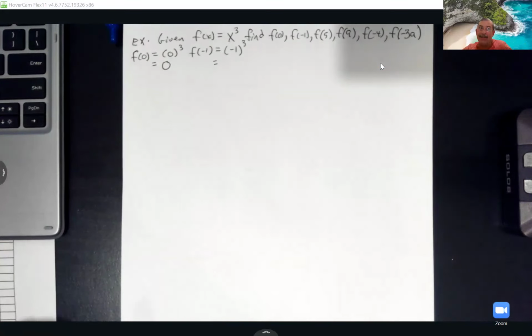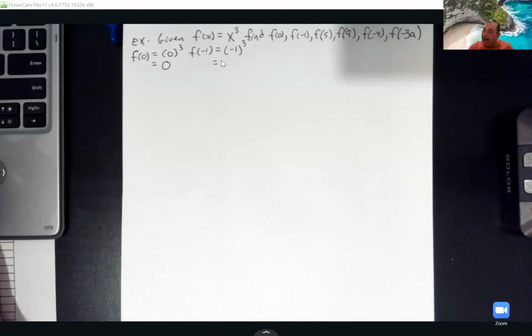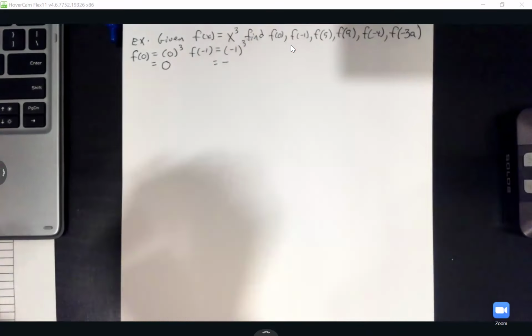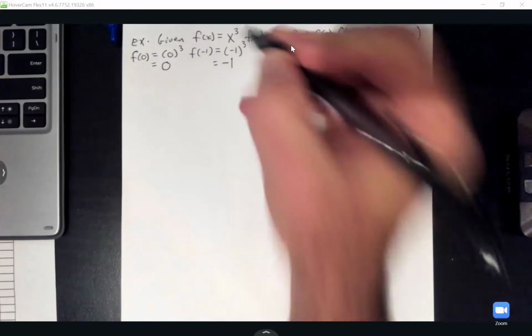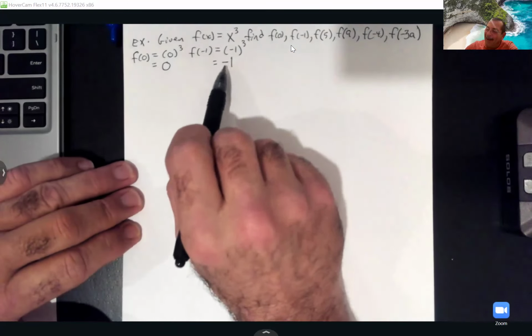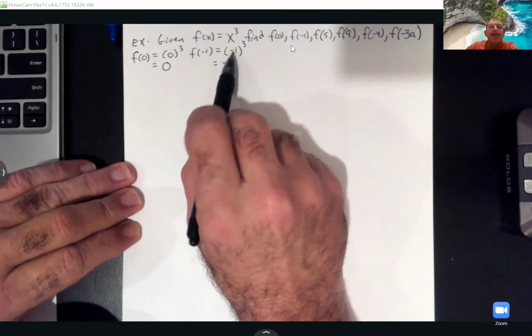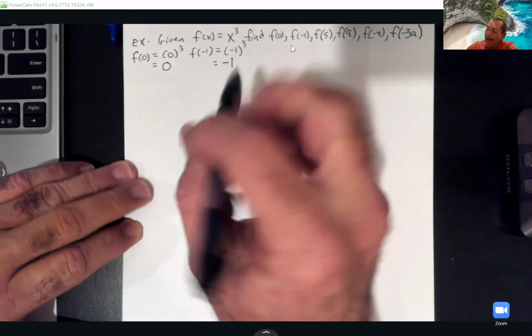What's that going to give us? 1 times 1 times 1 is 1. So that's going to be a -1. Now, if you got a negative number to an odd exponent, it will end up negative, okay?